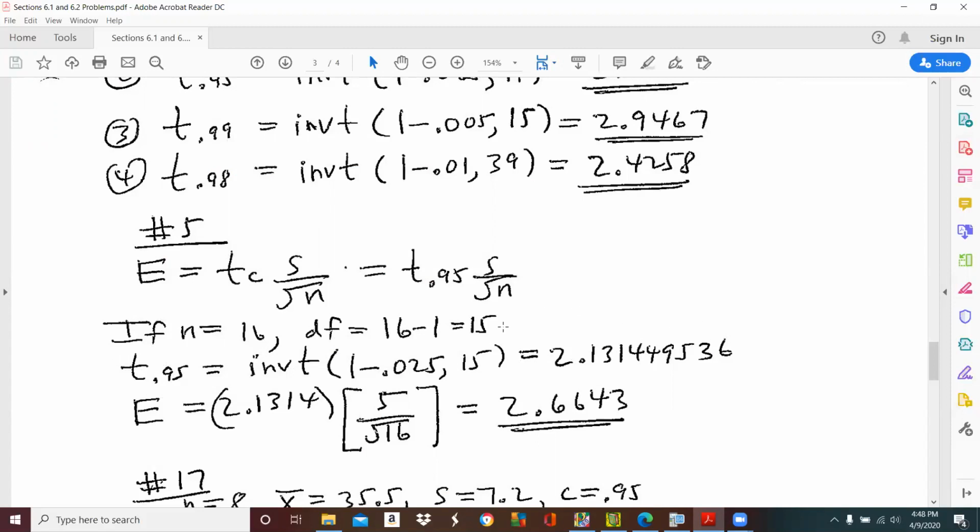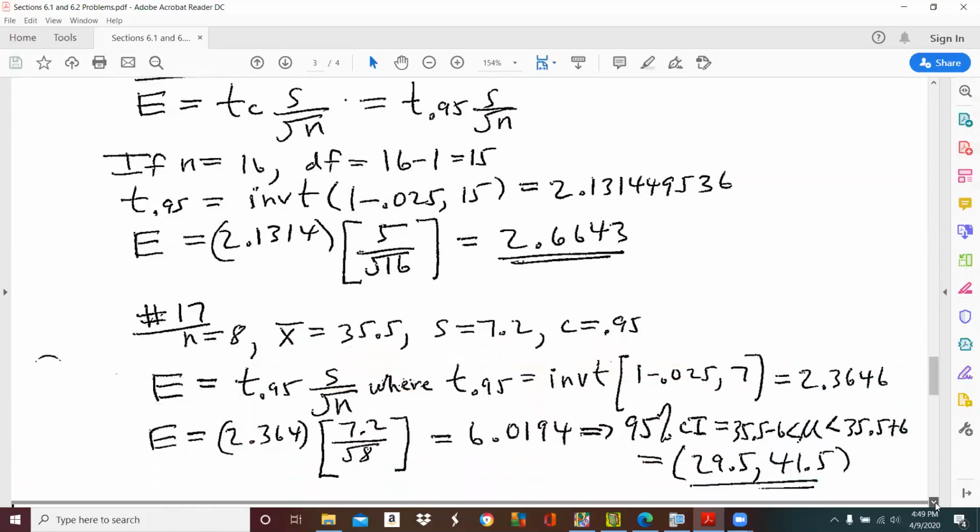You find this number here, 2.1314, and so forth, is the critical value. Multiply that by the sample standard deviation of 5, divided by the square root of the sample size, which is 16, and you get 2.6643 as your margin of error. So that's an example of that.